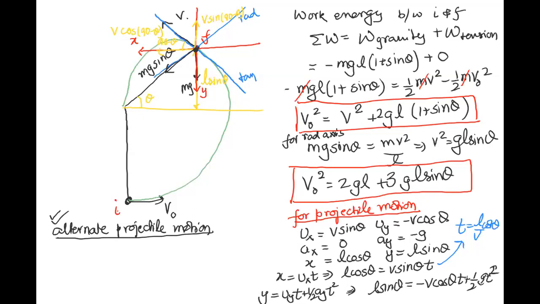And therefore, I will get L sine theta is equal to minus V cos theta into T, which is L cot theta by V, plus half GT square, which is L square cot square theta by V square.